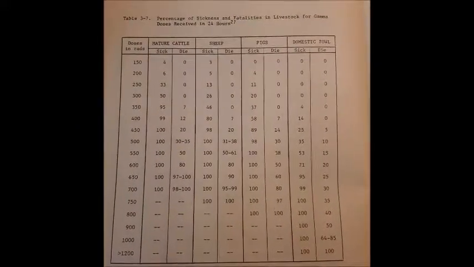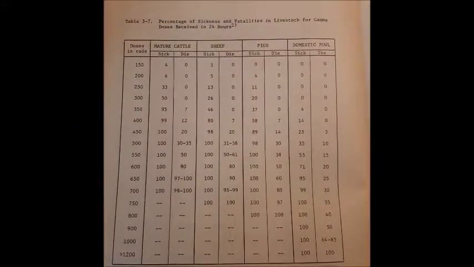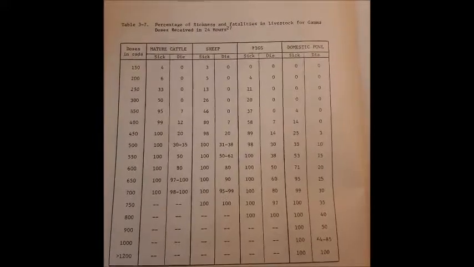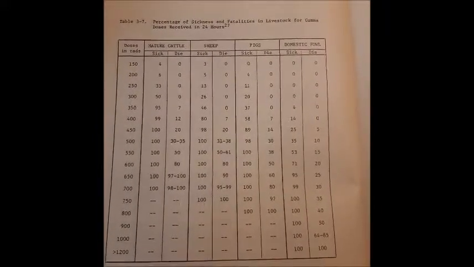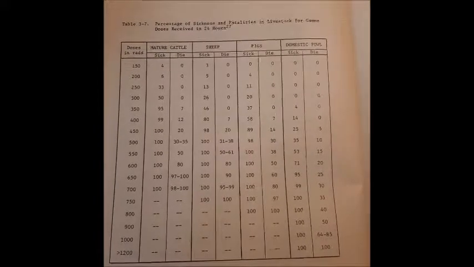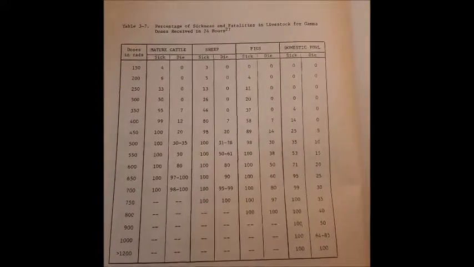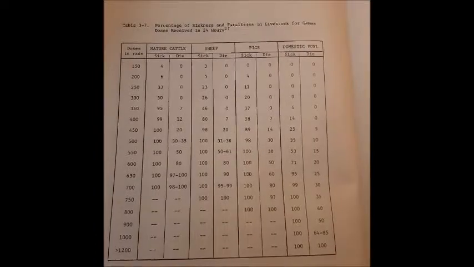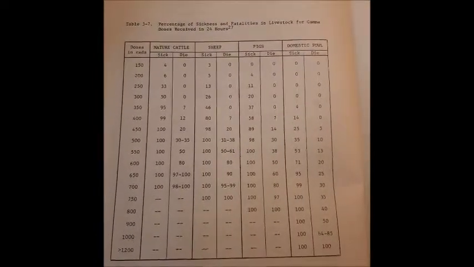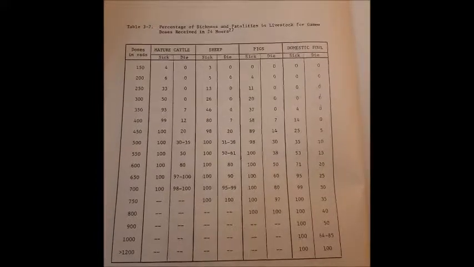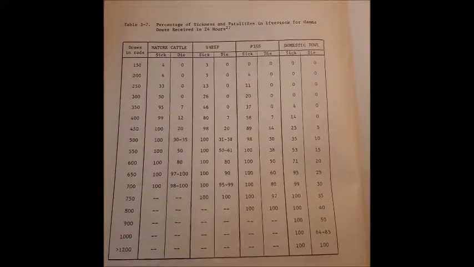This table is very important. It gives you sickness and fatality information for cattle, sheep, pigs, and domestic fowl. Radiation doses are on the left column, and it shows you this is an accumulated dose over 24 hours. So the first column is sick, the second is dead.